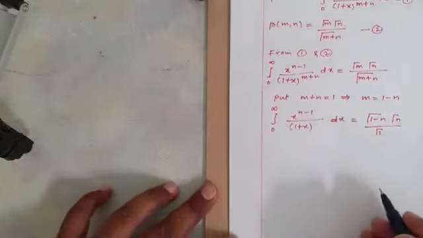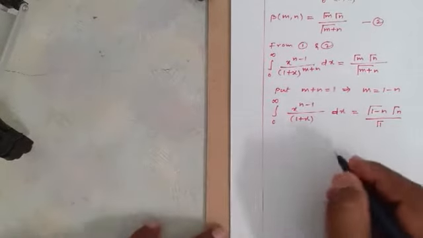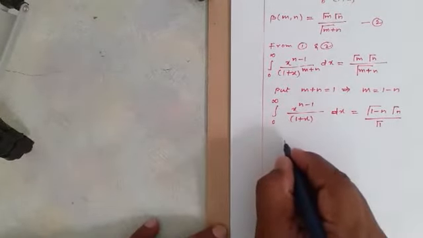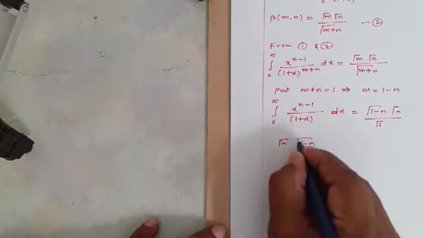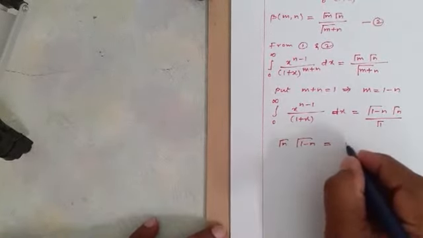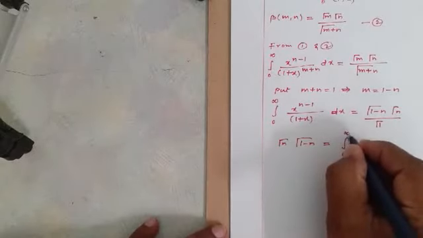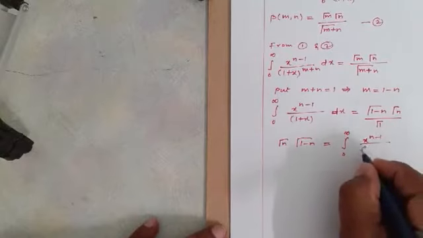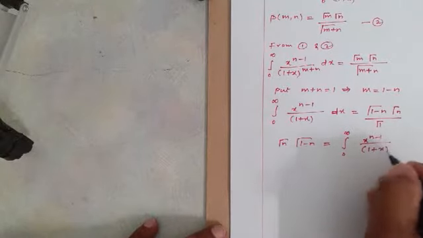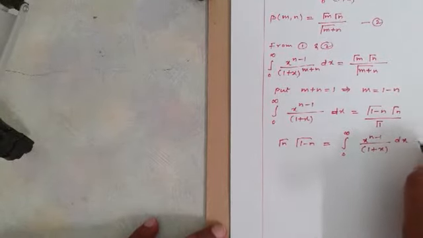So in the next step we write gamma n gamma 1 minus n is equal to integral 0 to infinity x power n minus 1 upon 1 plus x dx. Now you take this as equation 3.